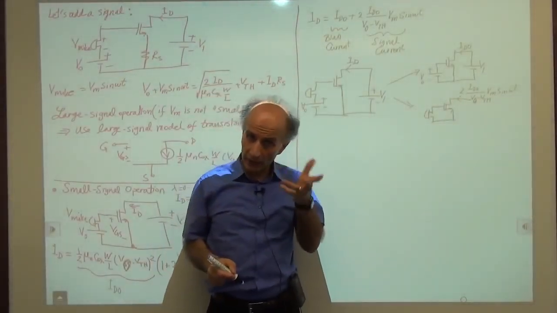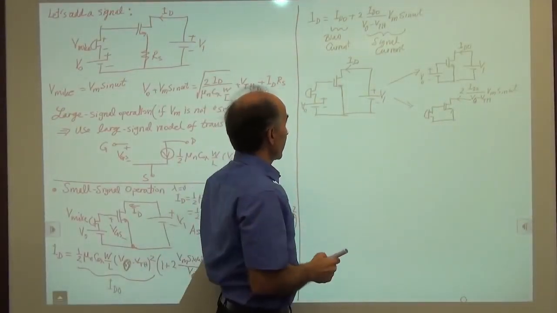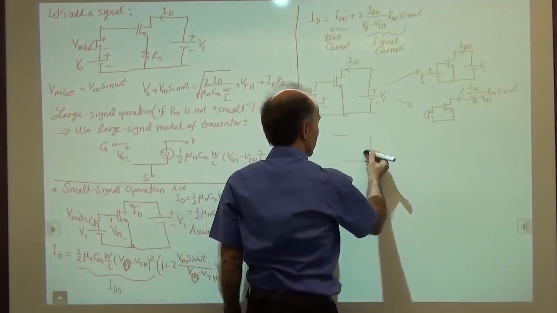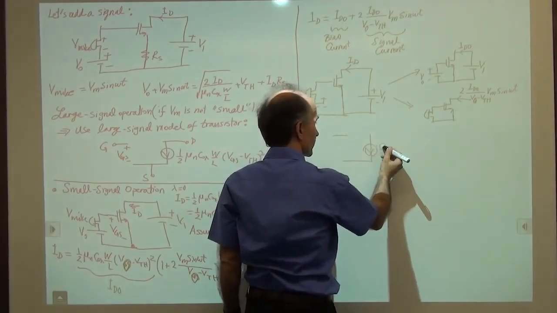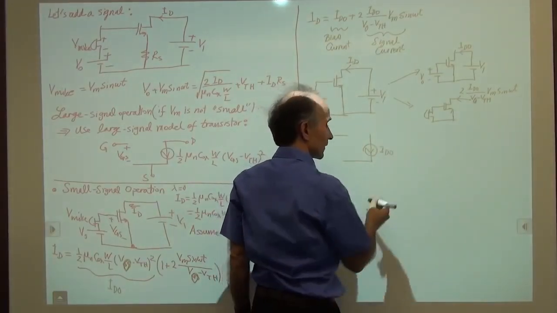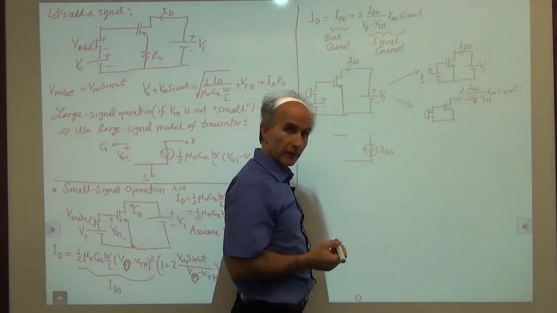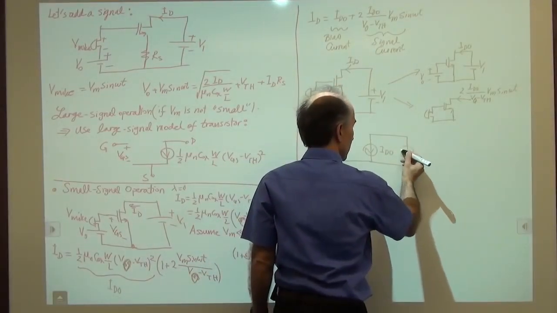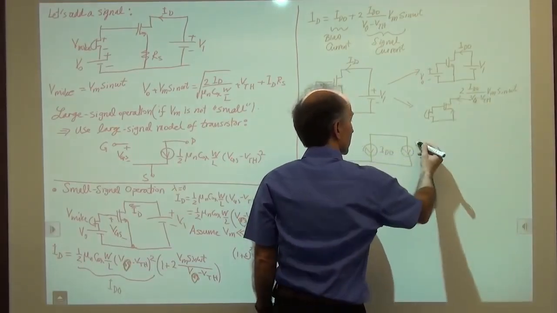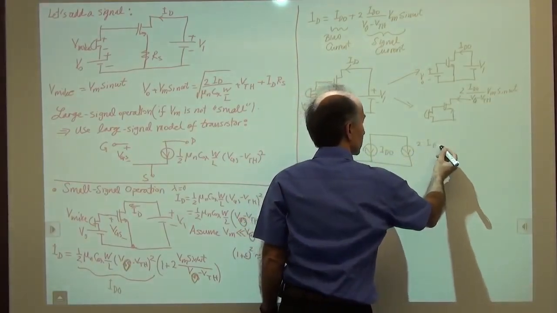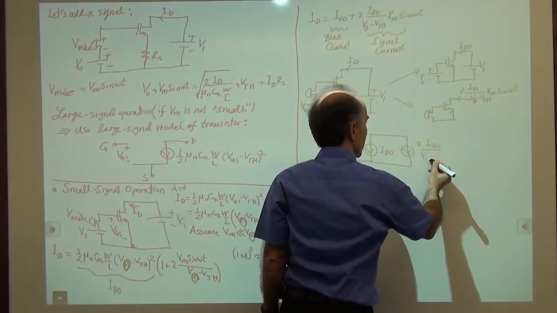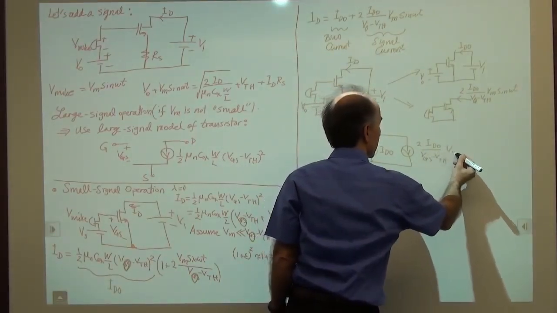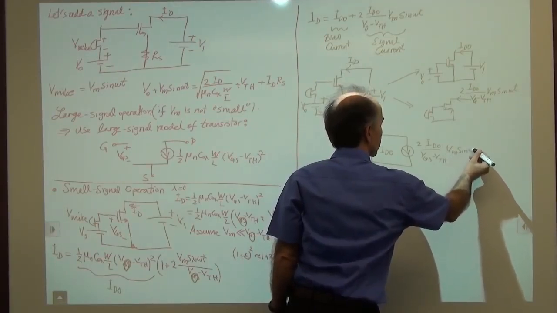So in other words, what I'm really trying to do is this. I'm saying that this device consists of really two currents. One current is constant and equal to ID0. That's the bias current. And then superimposed on that, we have another current that's flowing. And that current is this guy here. So 2ID0 over VGS minus VTH times Vm sine of omega t.